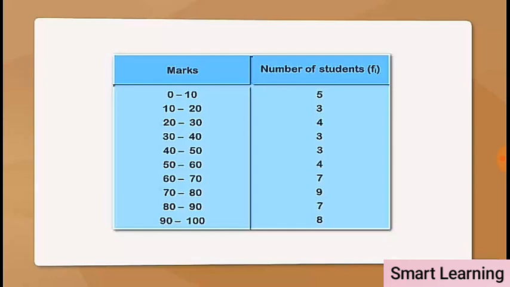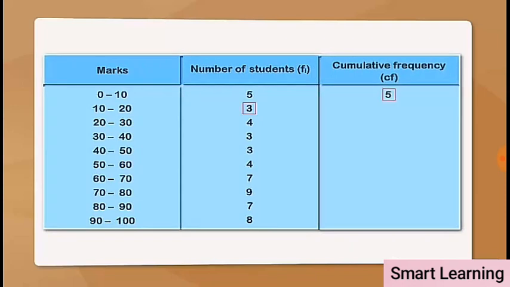We now locate the class whose cumulative frequency is greater than and nearest to n by 2. This is called the median class.